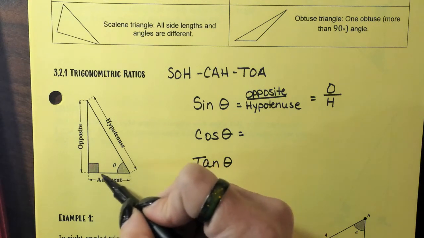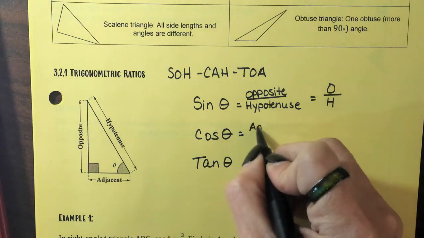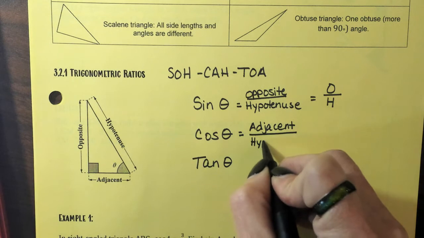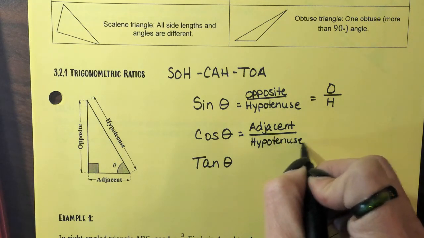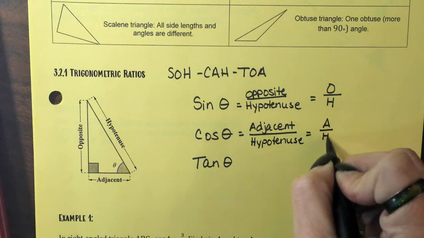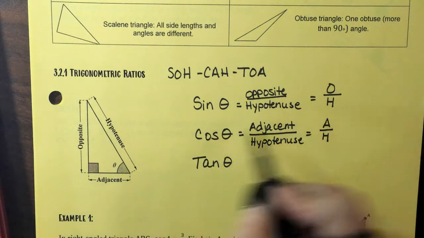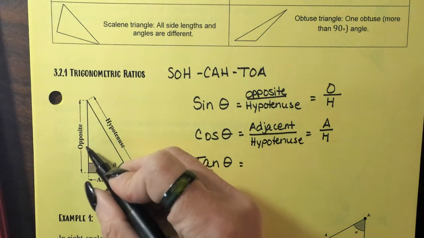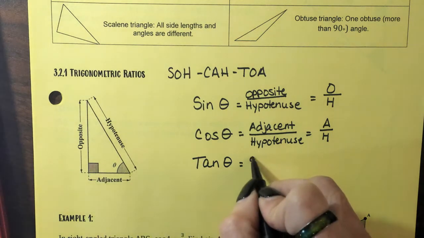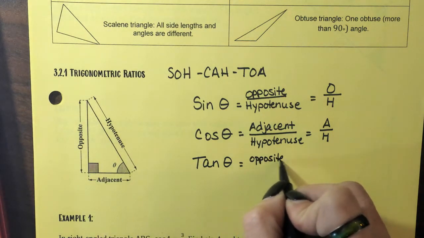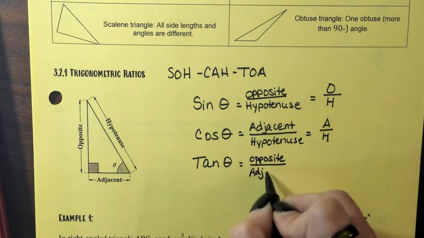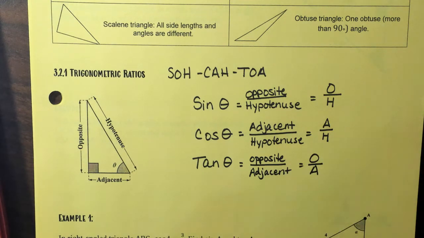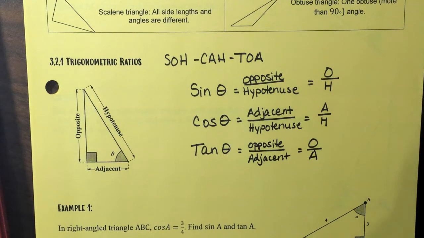Adjacent is the one that touches theta, so it's the adjacent over the hypotenuse, or A over H. SOH CAH TOA, and tangent of theta, we are going to take the opposite over the adjacent. Opposite over adjacent.